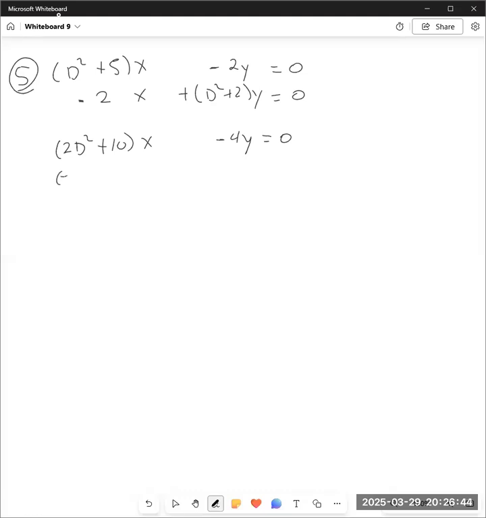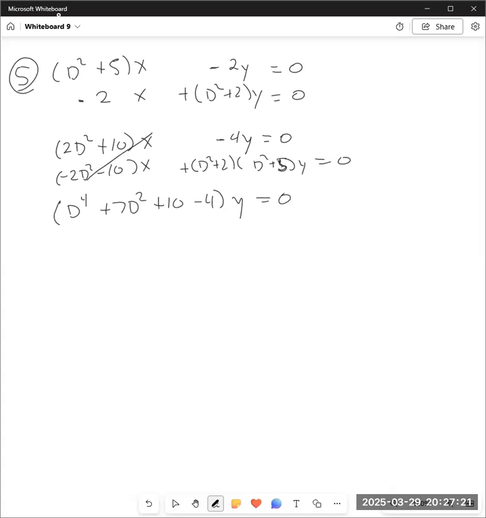So negative 2(D² + 5)x, and then plus (D² + 2)(D² + 5)y is equal to 0. These will zero each other out. I have D⁴ plus 5 plus 2 is plus 7D², then plus 10, and then minus this 4.